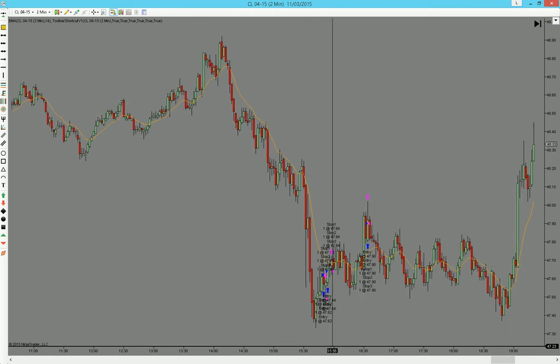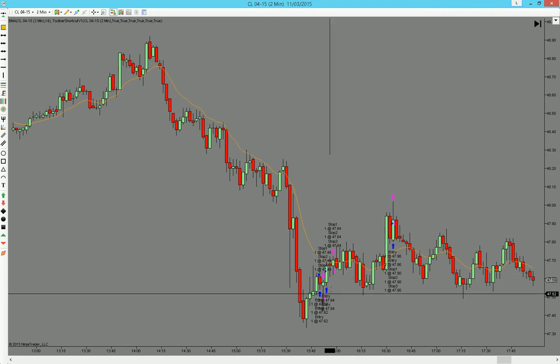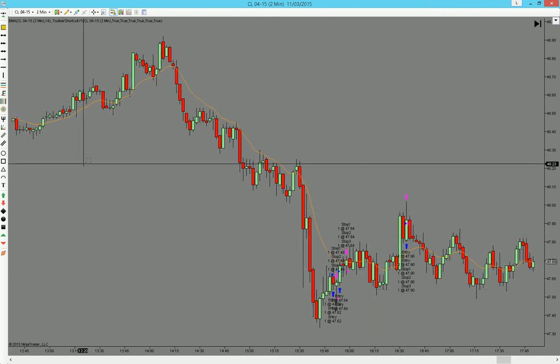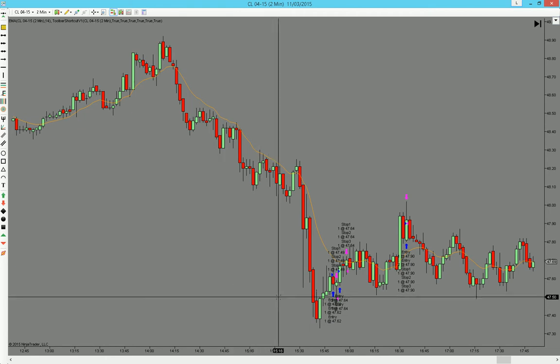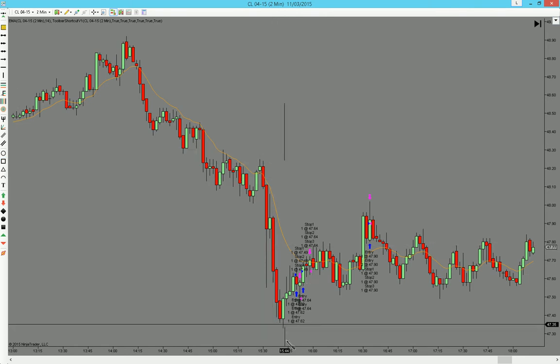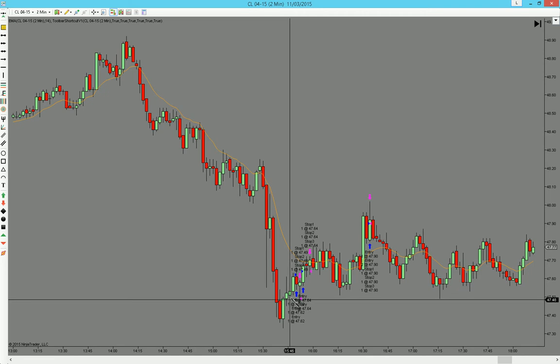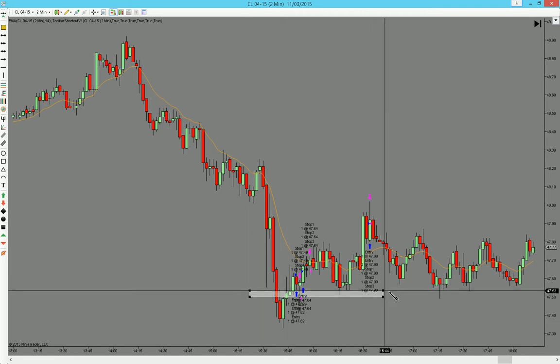Then after the news was released, there was an area, I have to look here at my higher time frame, 47. There was an area created after the news, after the bounce back into this low, with a resistance area.